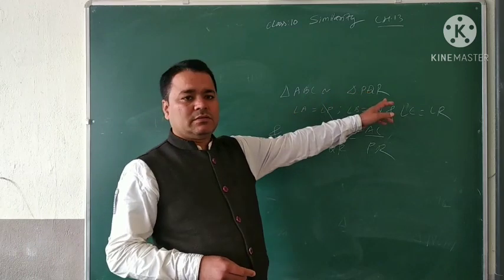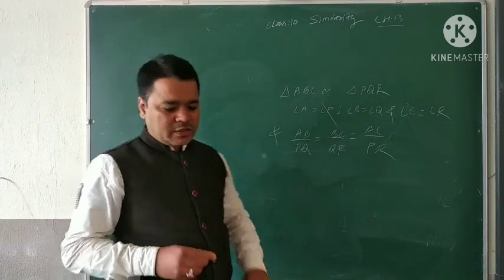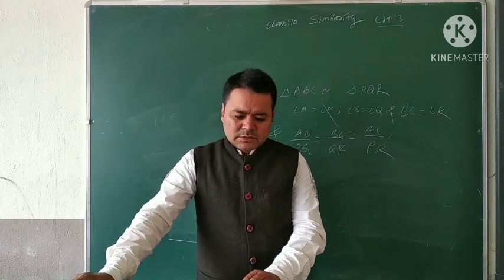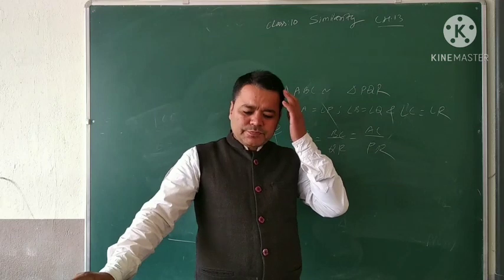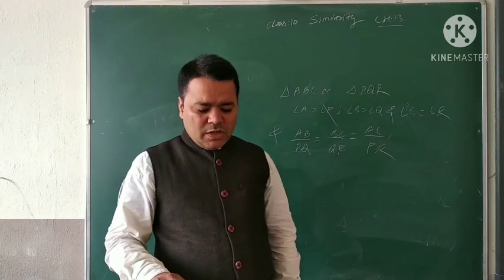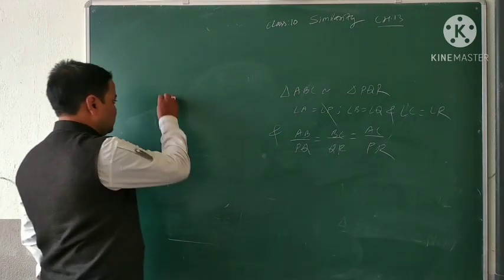If two triangles are similar, then they will satisfy this condition. Now let us see the second part of the question. Second question: if in two right triangles, one of the two right triangles.